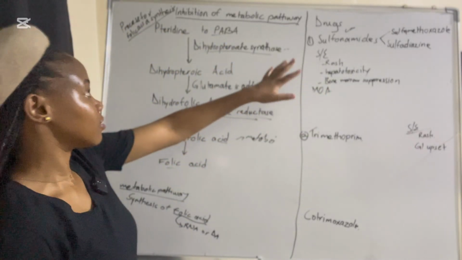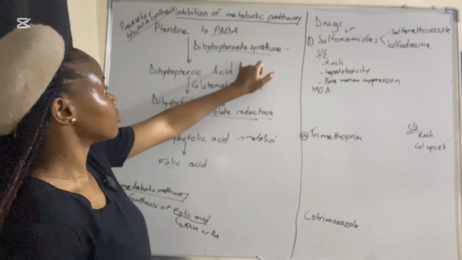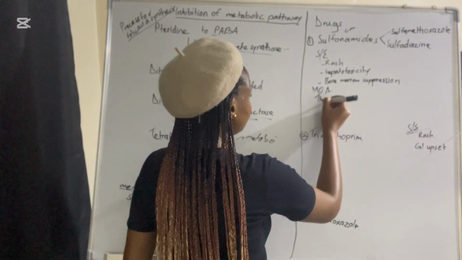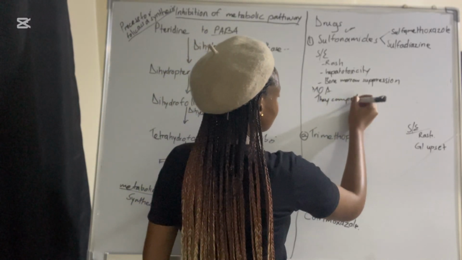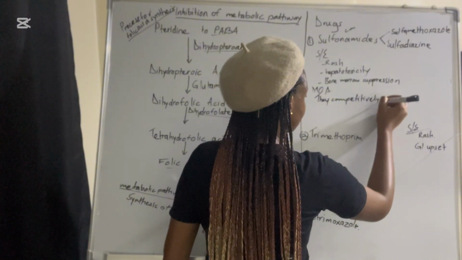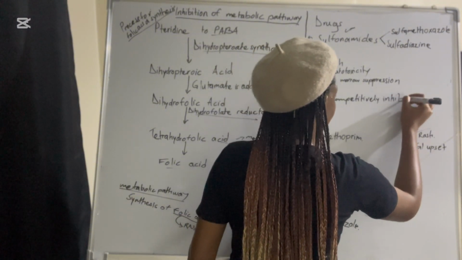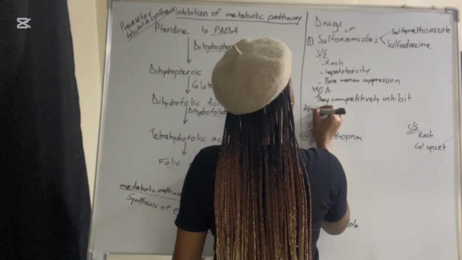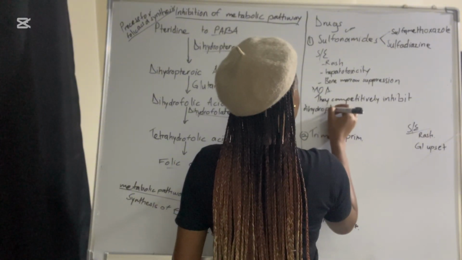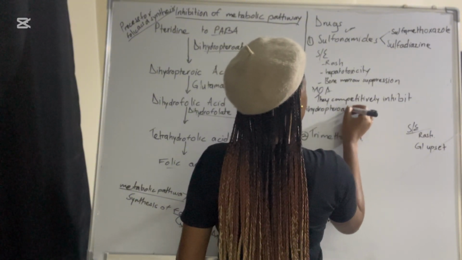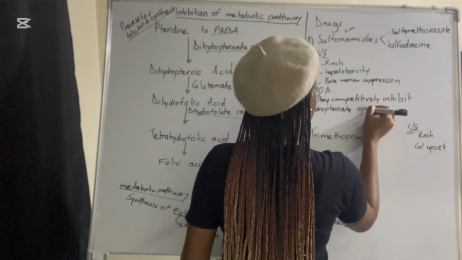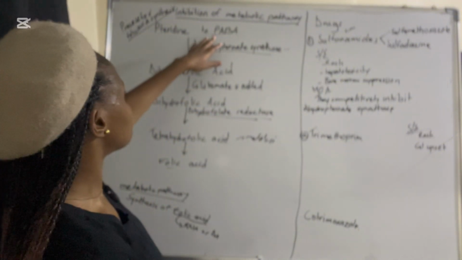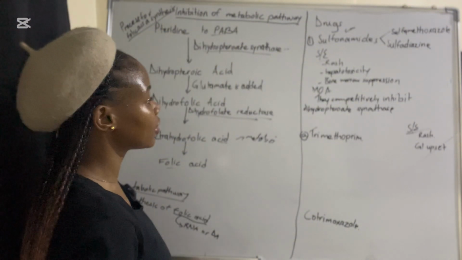These drugs, the sulfonamides, are the ones that are going to competitively inhibit dihydropteroate synthase, which is responsible for converting pteridine in the presence of PABA to dihydropteroic acid.